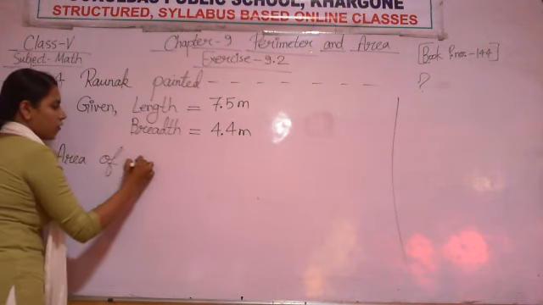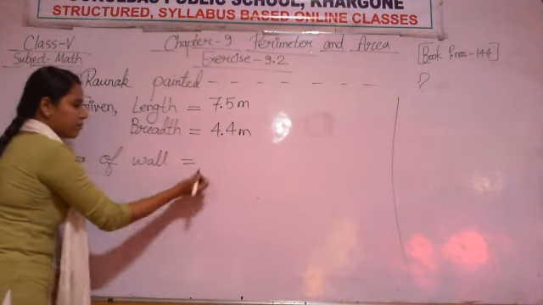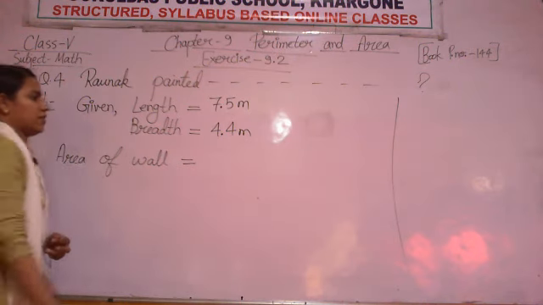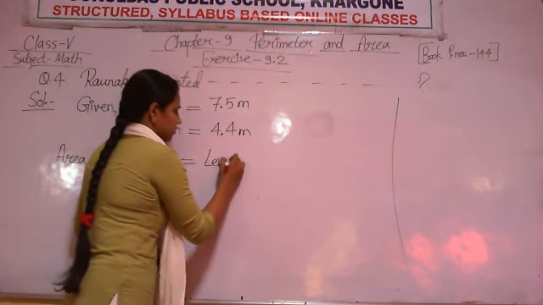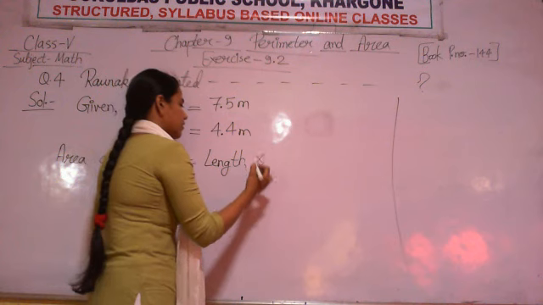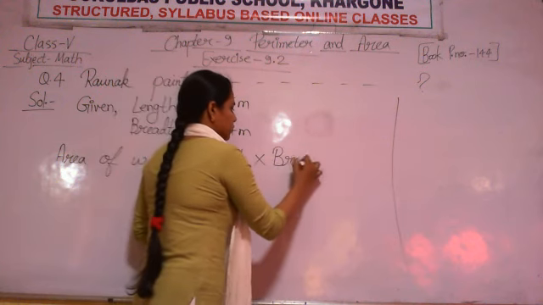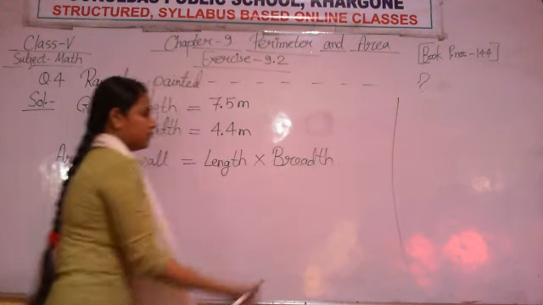So area of wall, what will be the formula? Length into breadth, right? Area of wall is equals to length into breadth.